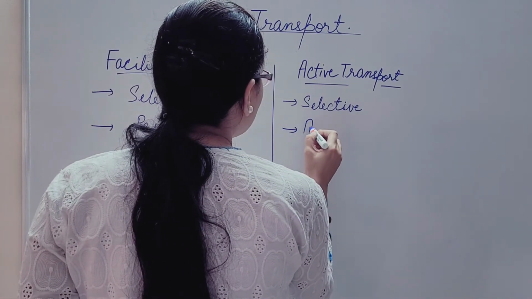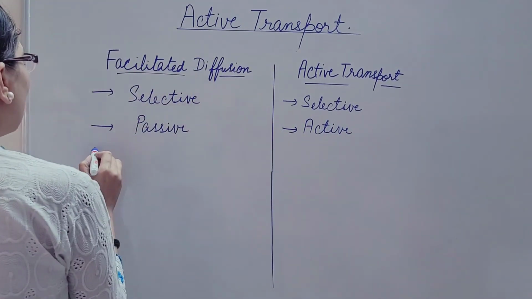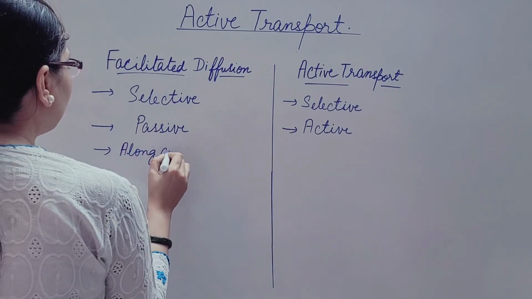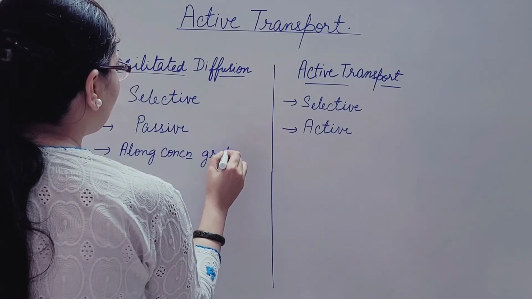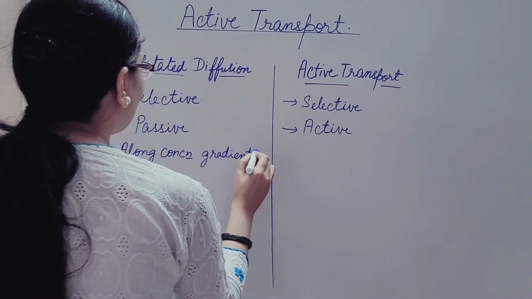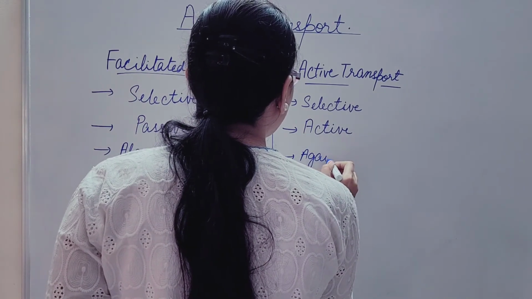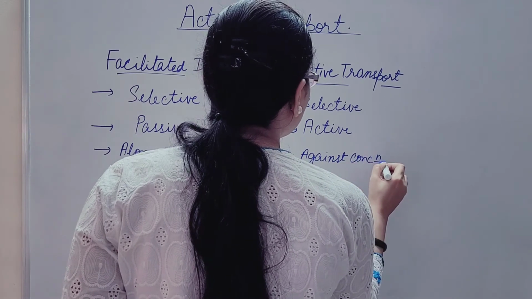Active transport is an active process. Facilitated diffusion occurs along the concentration gradient. Active transport occurs against the concentration gradient.